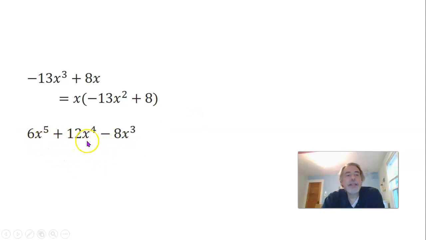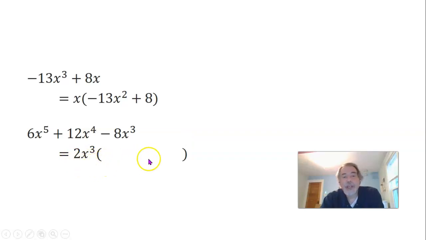And what's the biggest power of x that's part of all 3 of these terms? That would be x to the 3rd power. These all have x to at least the 3rd power. Maybe just x to the 3rd power, maybe x to the 3rd power times 1 or 2 more x's after that. So the greatest common factor is 2x to the 3rd.